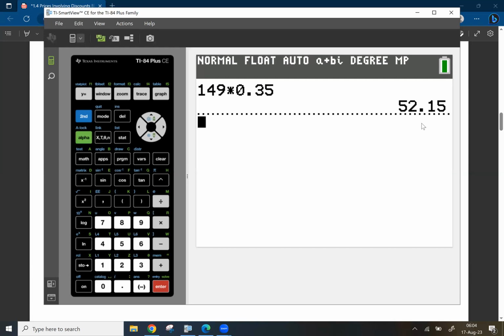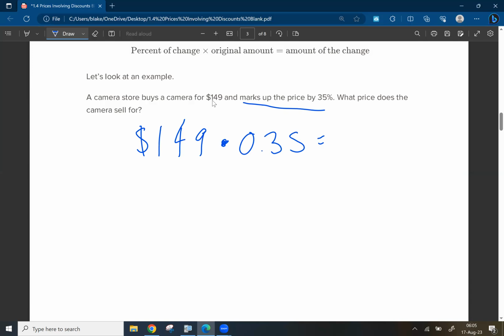Now, because it's a markup in price, that's the amount added to our price. So 149 is the original, and they're selling it for $52.15 more than that original price. So that means it's going to be for sale at $201.15.